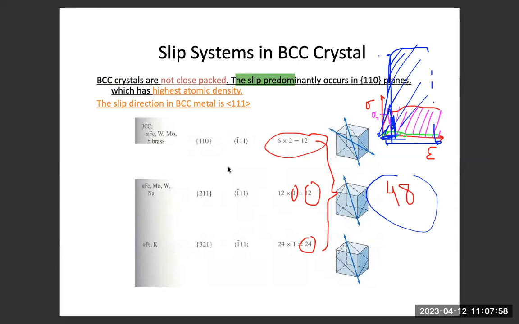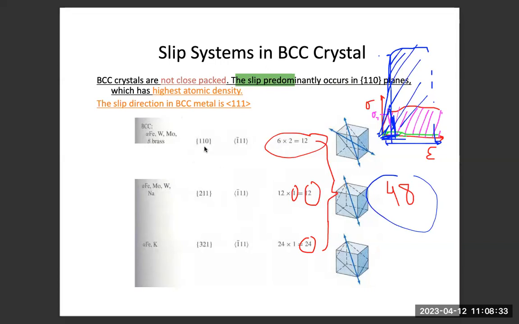Khan, do you remember the slip plane in FCC? Actually, Hocam, I don't remember. Try to remember the slip plane in FCC. Always 111, right, Ramazan? Thank you. In FCC, the slip plane is 111. In BCC, the slip plane is always 110, and it has the highest atomic density.